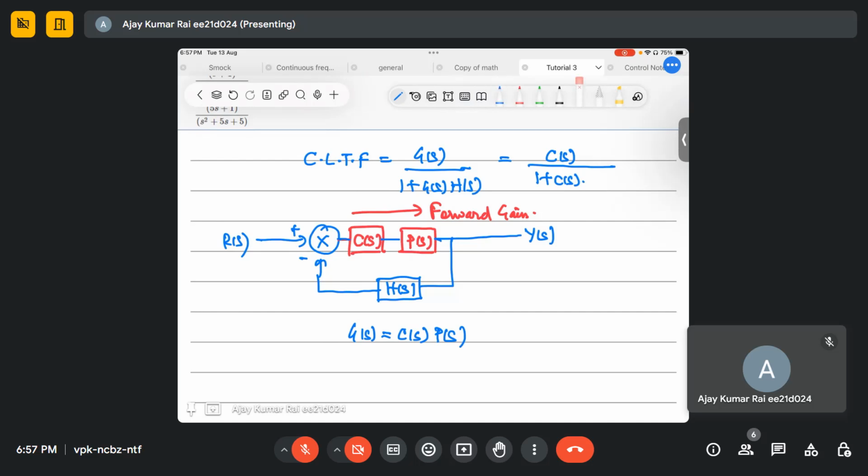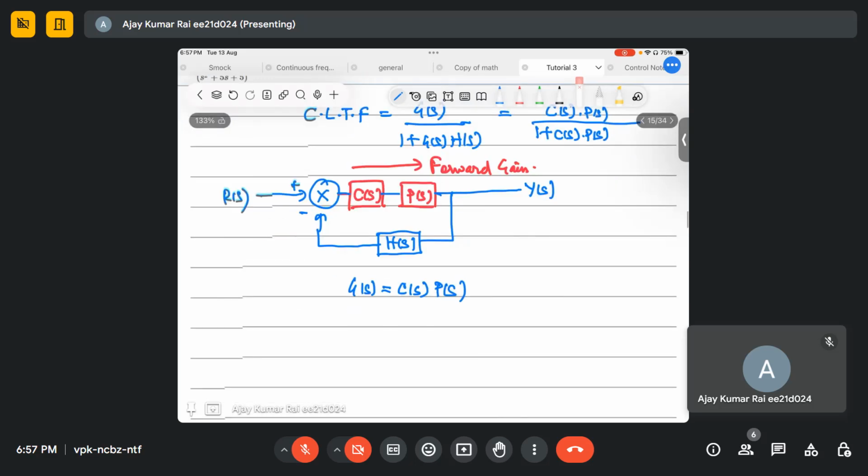So it will be C(s) P(s) over 1 plus C(s) into P(s) into H(s), and H(s) is equal to 1, so that's why I'm not writing it. So you have to find C(s) into P(s) divided by 1 plus C(s) into P(s).